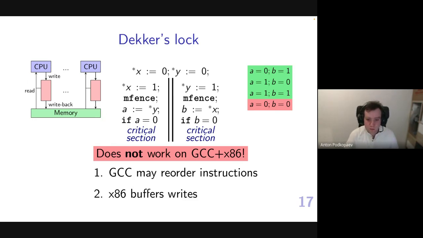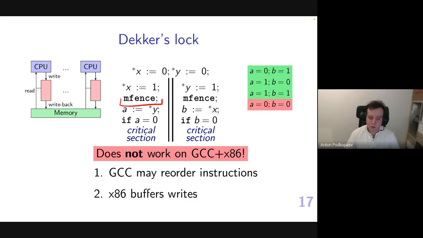So what we could do to solve the problem, and I guess everyone recognizes that it's some kind of problem, because in some cases we would like to force this program never terminating with A being equal to 0 and B equal to 0. There is a special instruction in x86. It's called mfence, which stands for memory fence.